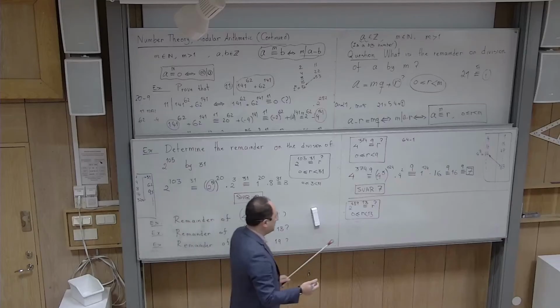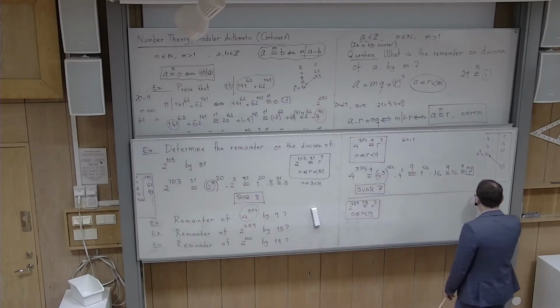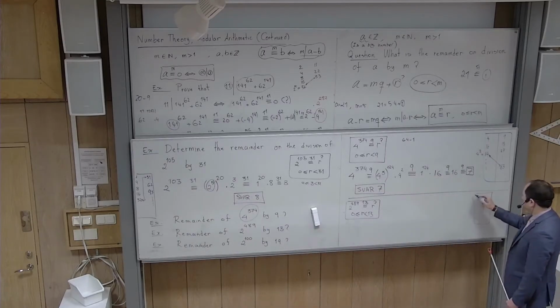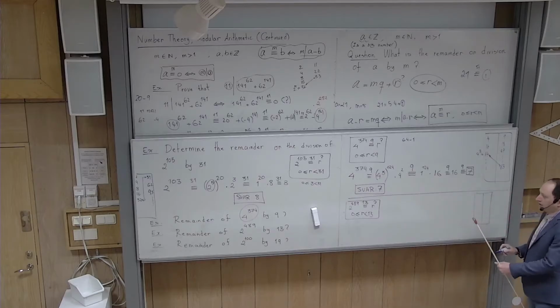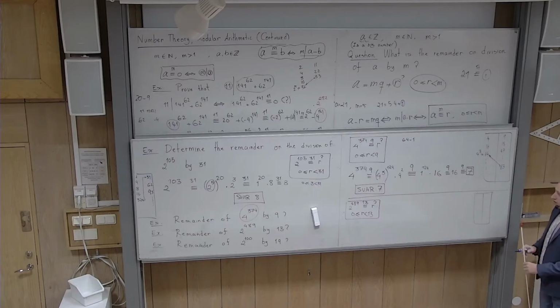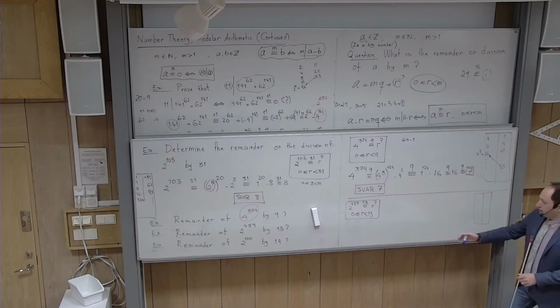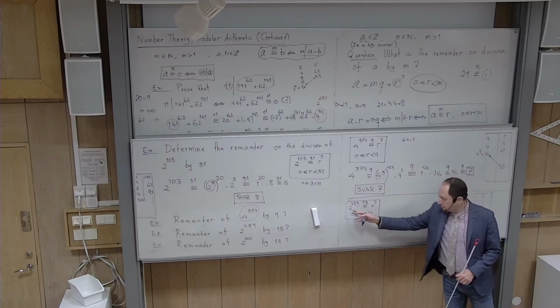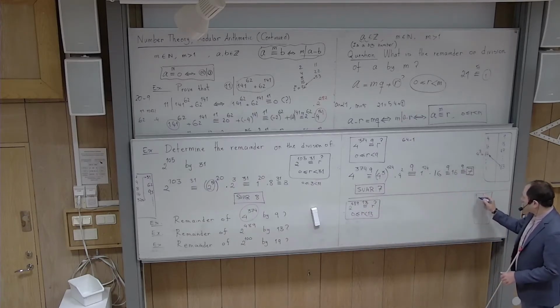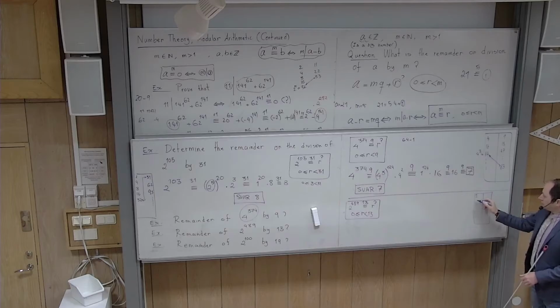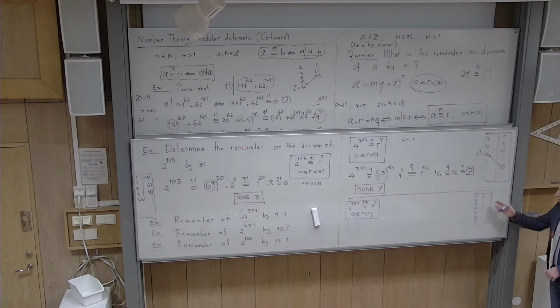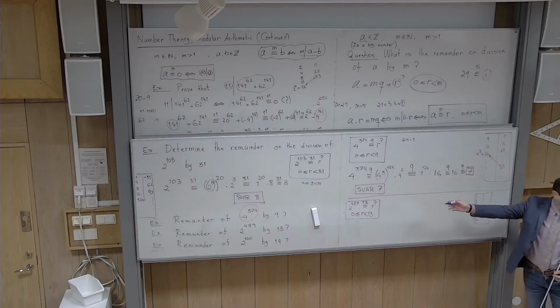Again, what you are supposed to do, you go to a scratch paper, or you can do it in your head if you are quick. So on the one hand, write the powers of this base. So the first power is 2, and then I don't know, 4, 8, 16, 32, 64, 128, etc. On the other column, write the multiples of your module.